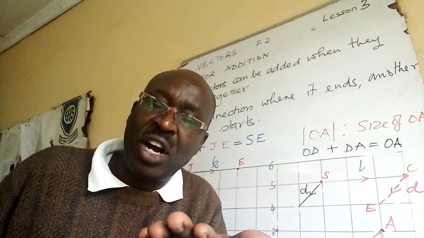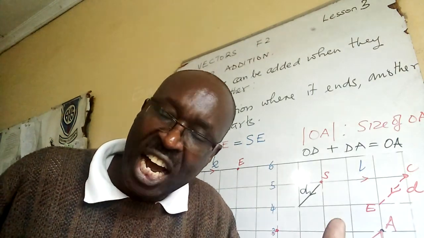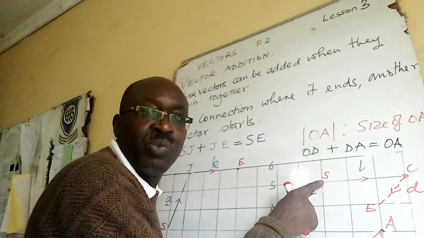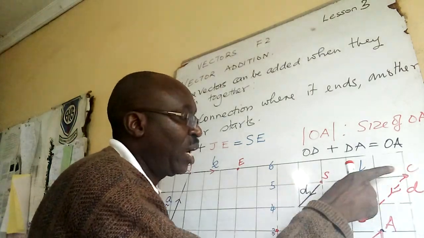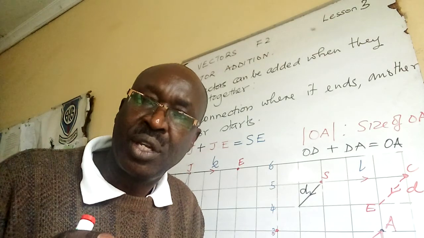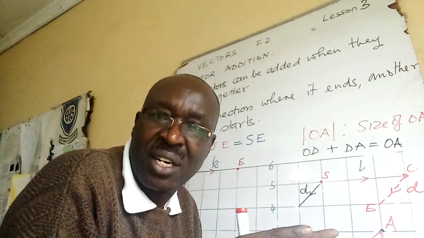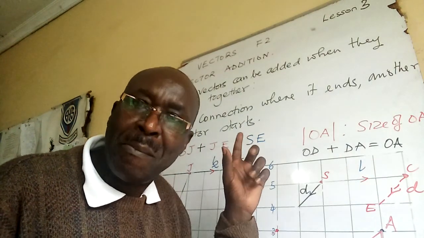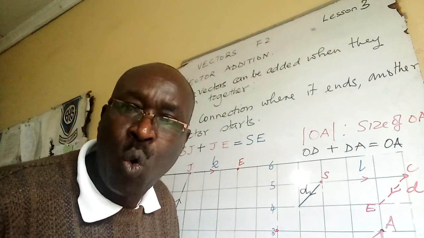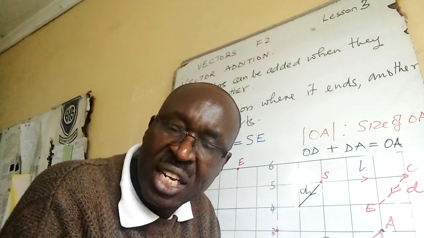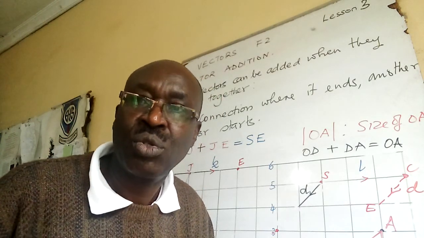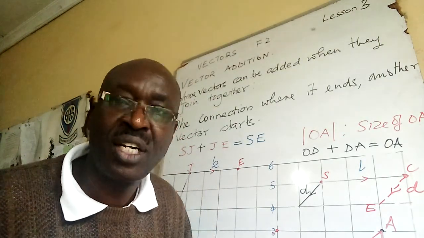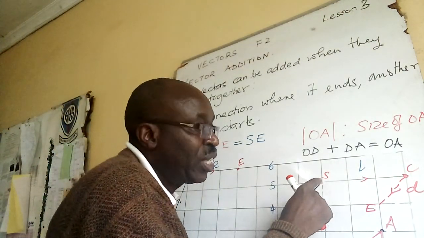The basics of addition is where one vector ends, the other one picks up. This point is the beginning of both L and D, so they cannot be added. So what next? I use the knowledge of equivalent vectors, that this vector D can be drawn here.